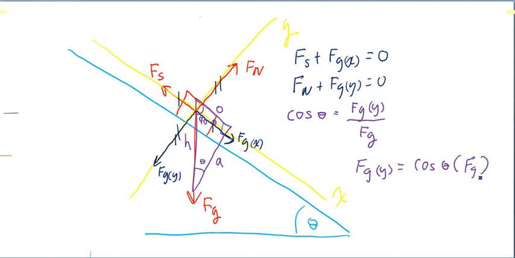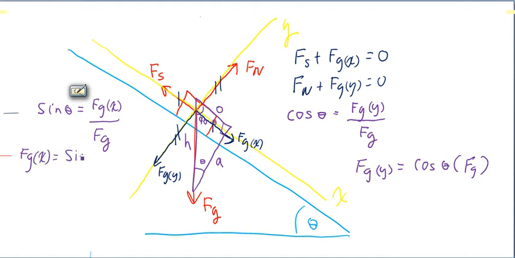In the x direction, it will be similar, except we'll be using sines instead of cosines. So sine theta will be equal to Fg in the x direction over Fg, or Fg in the x direction equals sine theta times Fg.